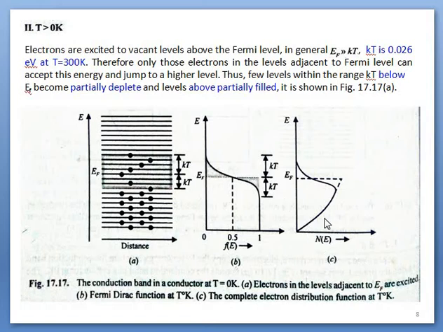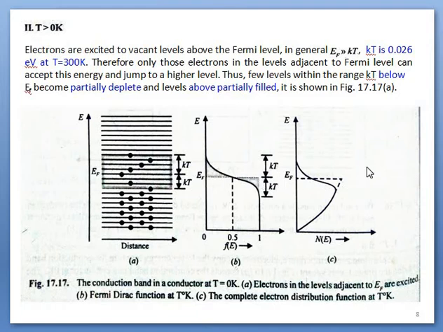Electrons are increased up to this level, but afterwards, due to jumping, a few electrons are reduced here, and a few electrons are also obtained in the upper level. So there is a distortion in the electron distribution function as well as in the probability distribution function.